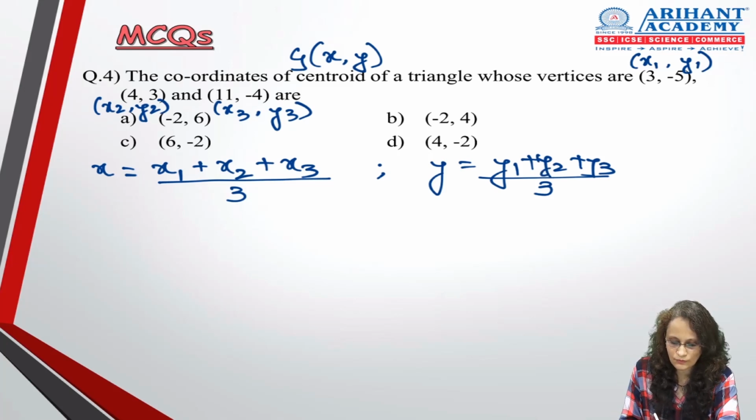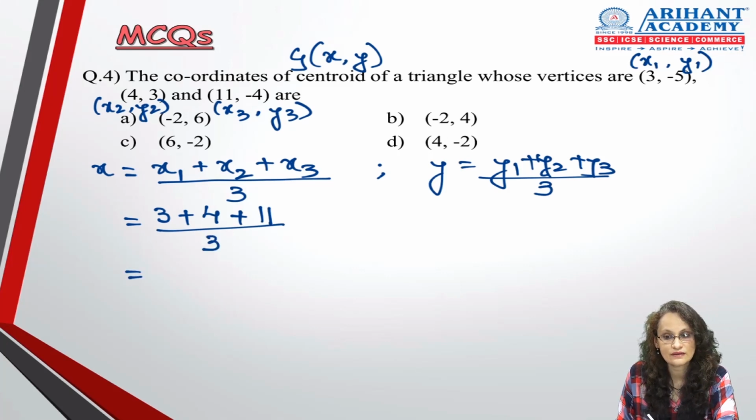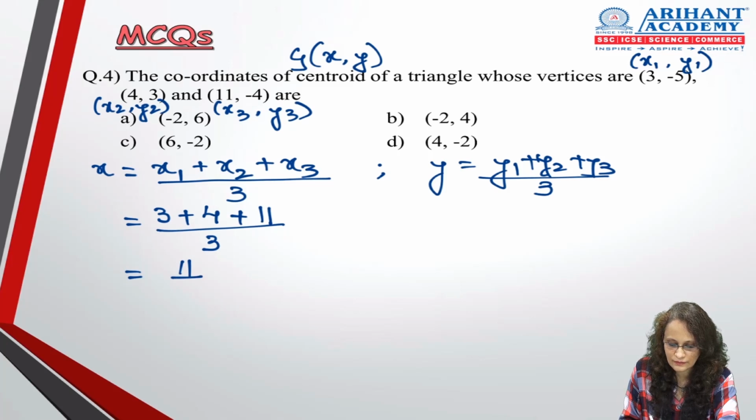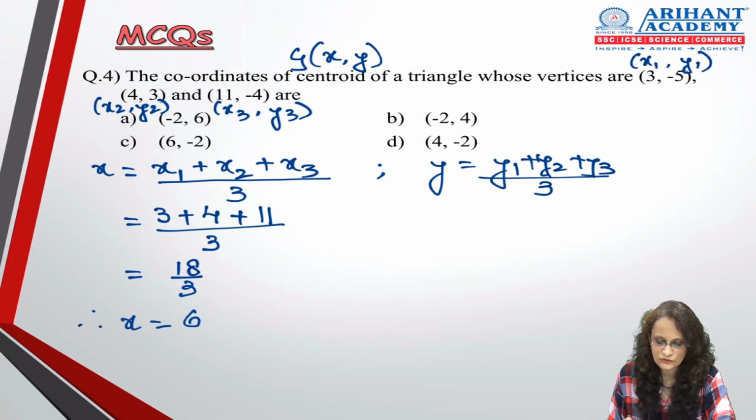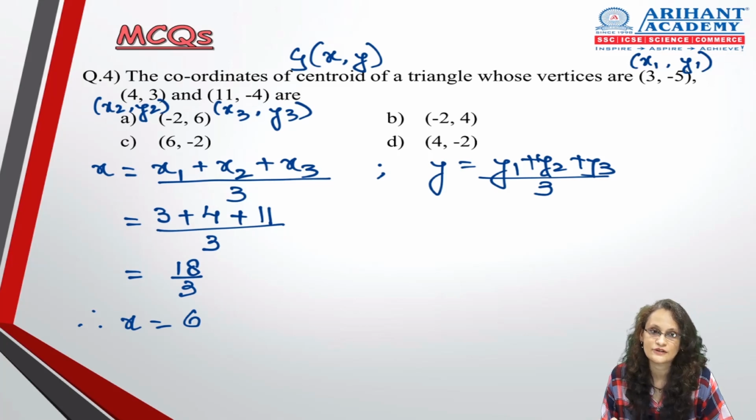Okay, so x1 I clearly know here is 3 plus x2 is 4 plus x3 is 11 upon 3. So 3 plus 4 is 7, 7 plus 11 is 18, 18 upon 3. So I will get, therefore, x is nothing but 6. So again the option is getting ready in your mind.